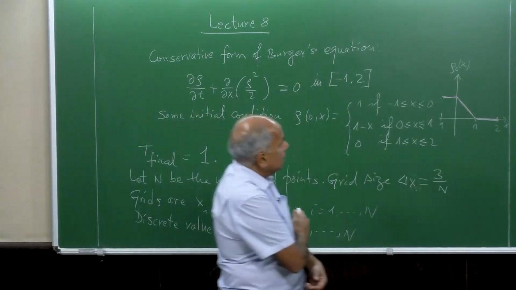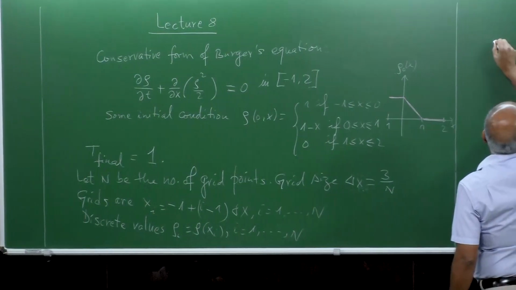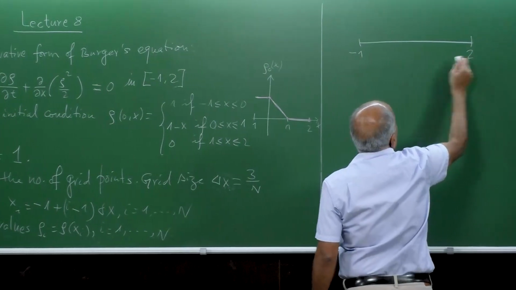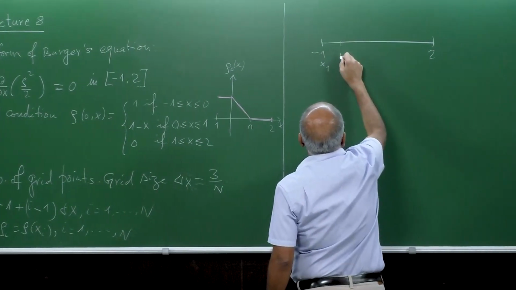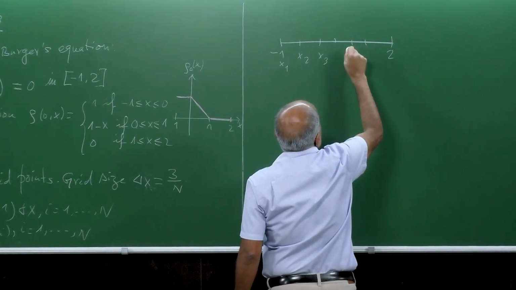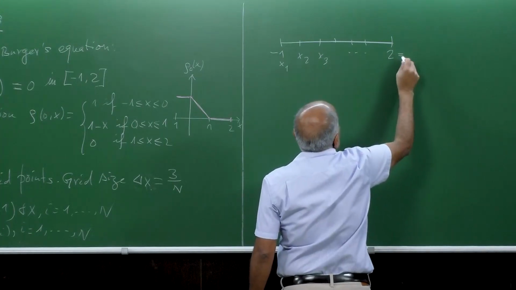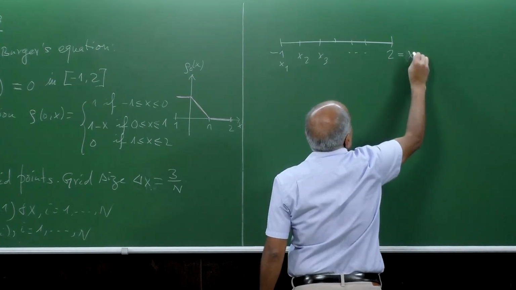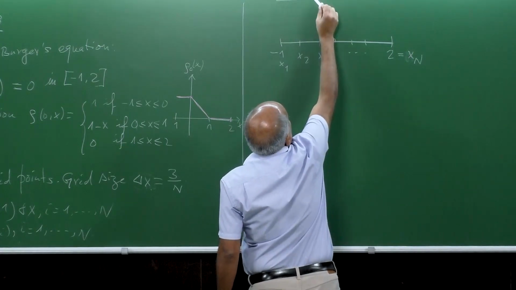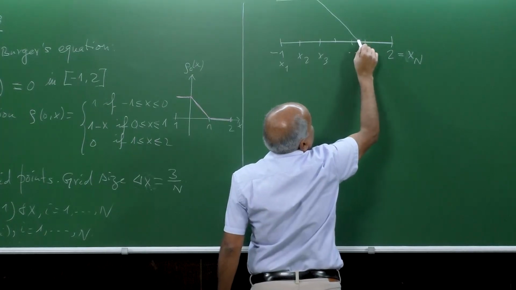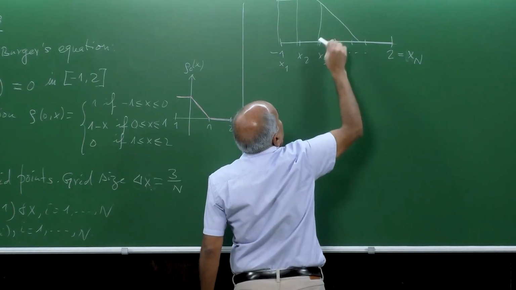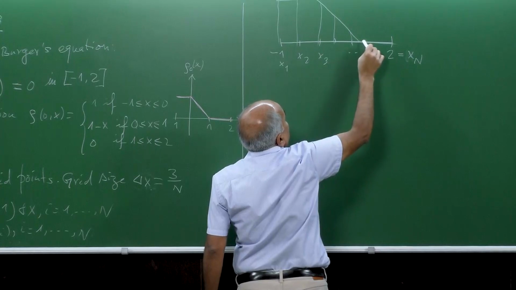What does it mean? I have my domain minus 1 to 2. So this is x1, here x2, x3, and this is equal to my x n. So I have my discrete values here, somewhere something like that. So I have my initial discrete values, like this. Yeah, so here it is 0.